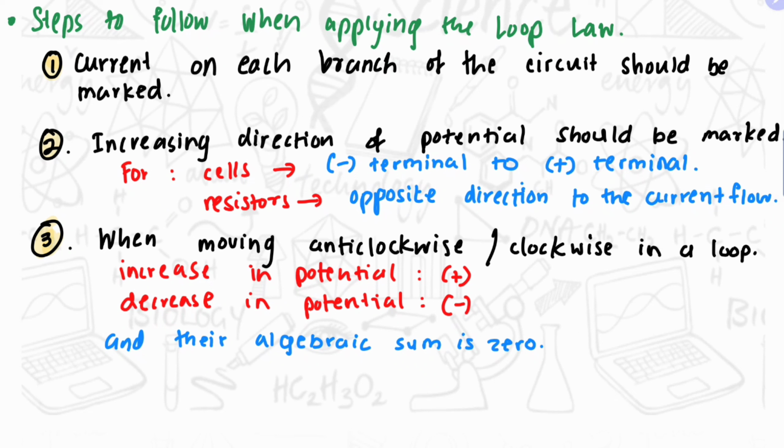When moving in either anticlockwise or clockwise sense in a loop, the increase in potential should be added and the decrease in potential should be subtracted. And when we get the algebraic sum, it should be equal to 0.